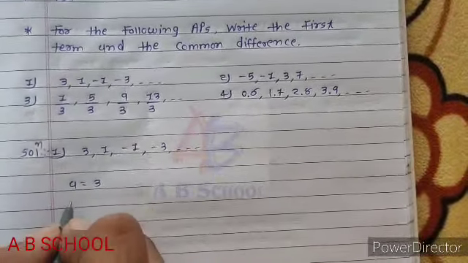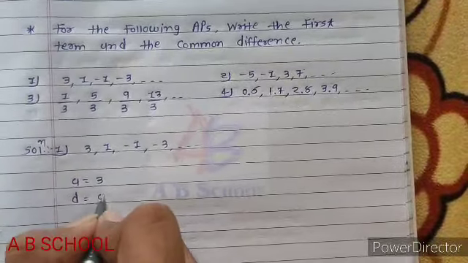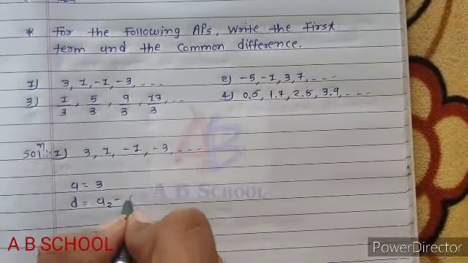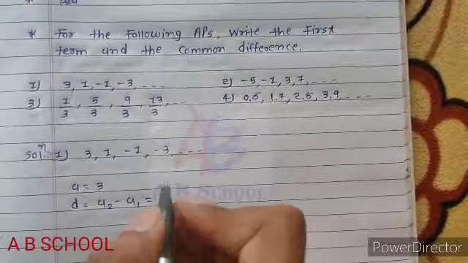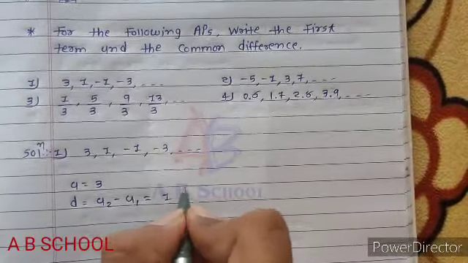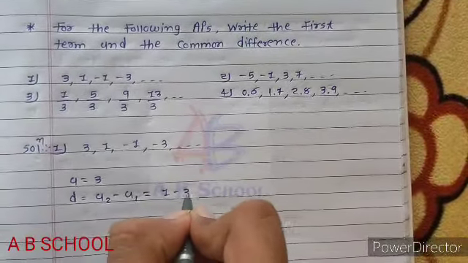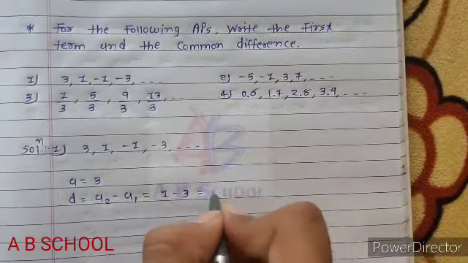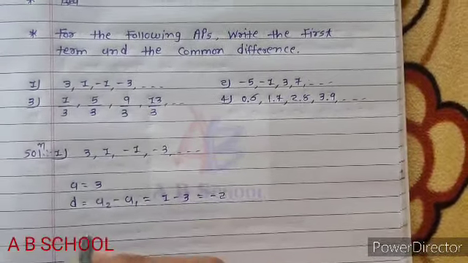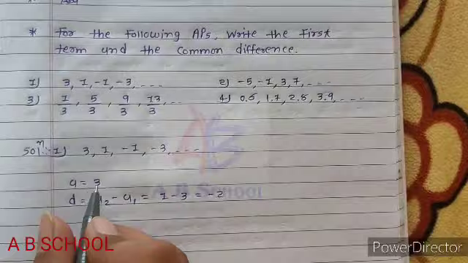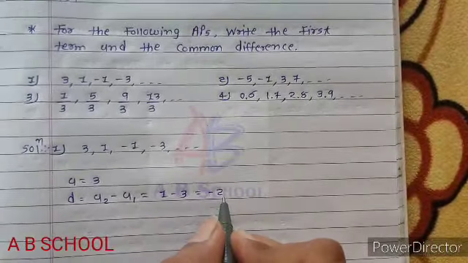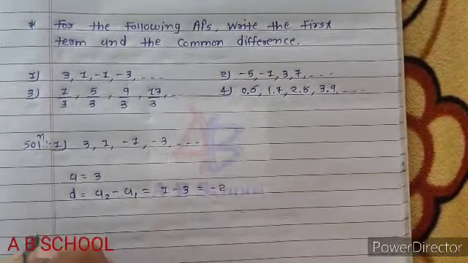For common difference D is equal to A2 minus A1. Value of A2 is equal to 1 minus value of A1 is equal to 3. So 1 - 3 is equal to -2. So first term A is equal to 3 and common difference D is equal to -2.